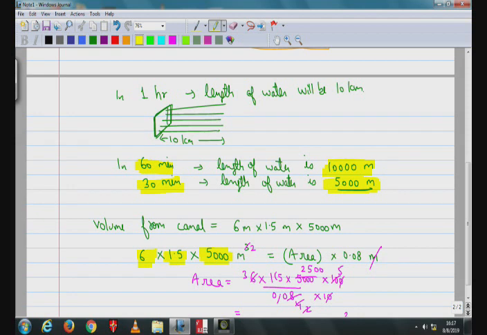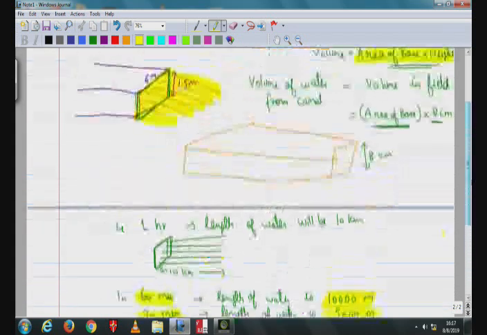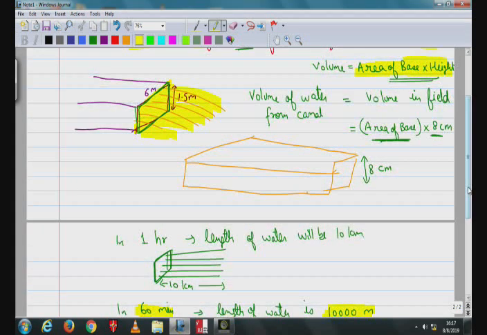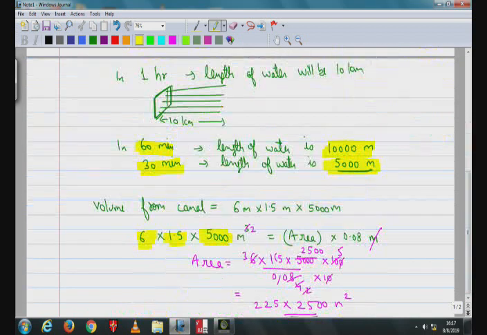Now the same volume will be the volume of the water in the field. And it is already given that in the field the height of water should be 8 centimeter. So volume will be area of base multiplied by 8. So we have equated that also: area of field multiplied by the height 8 centimeter. Make sure to convert all of them into the same unit.